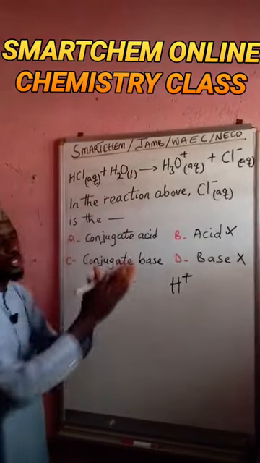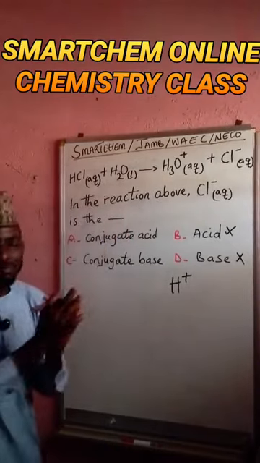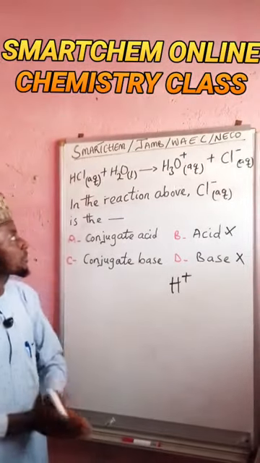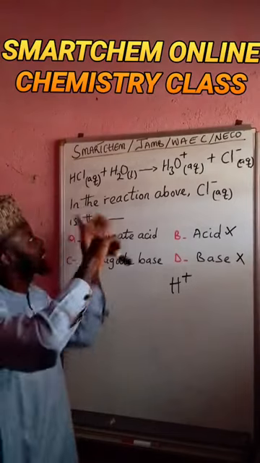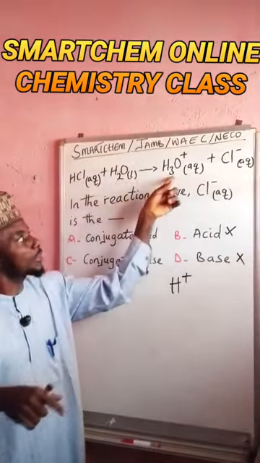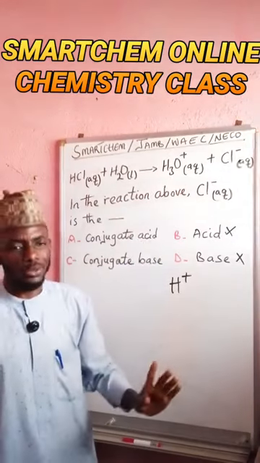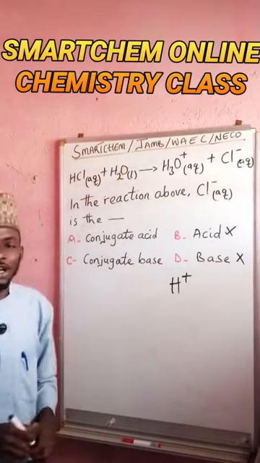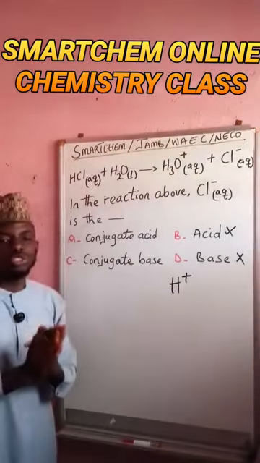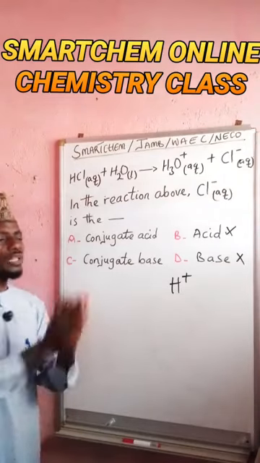So from this reaction, you can see that water is a base according to Bronsted-Lowry. And from the reaction, the hydrogen chloride donated proton to water, and water became hydronium ion. So therefore, this hydronium ion is a conjugate acid.